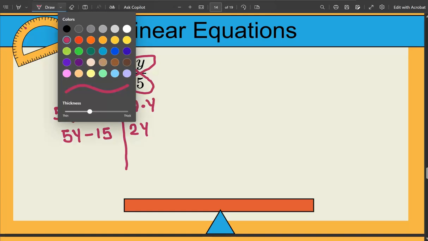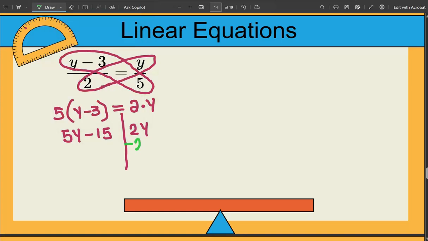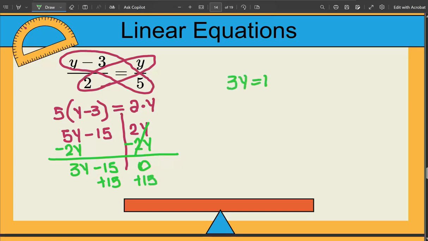I'm going to subtract 2y from both sides. I get 3y minus 15 is equal to 0 because that cancels out. I'm going to add 15 to both sides. I get 3y is equal to 15. Divide each side by 3, and I get y is equal to 5.